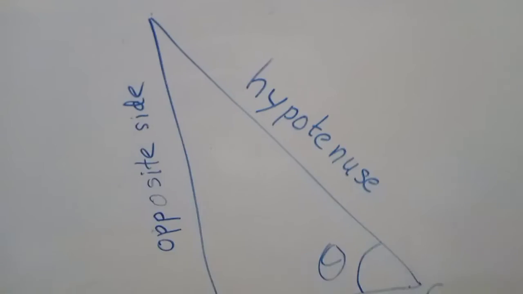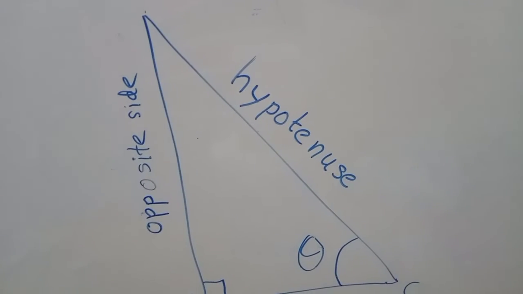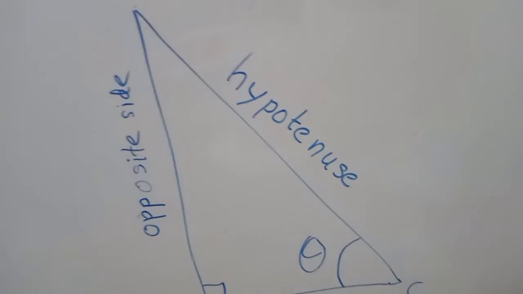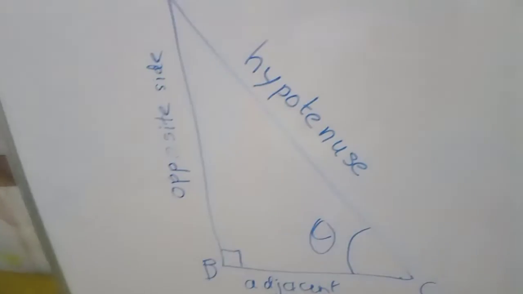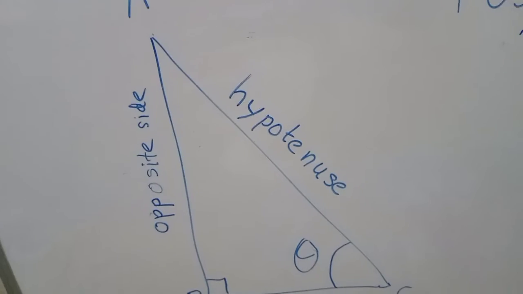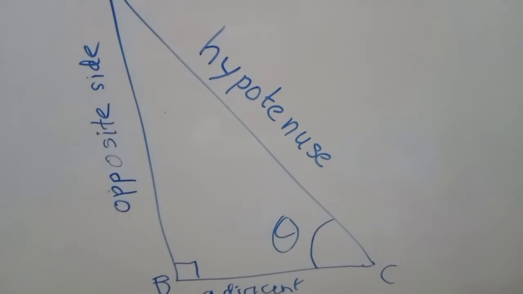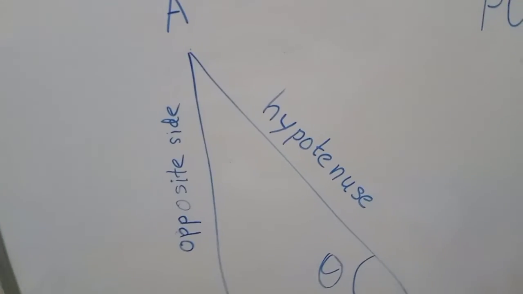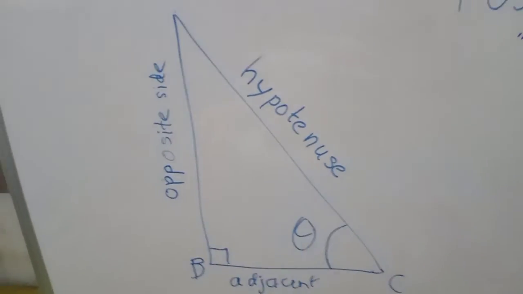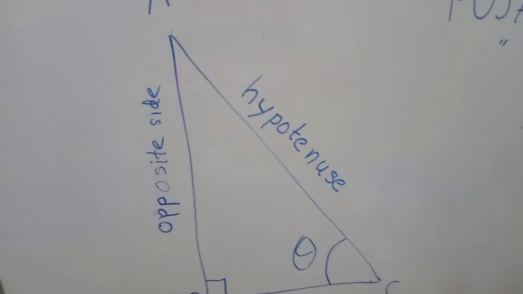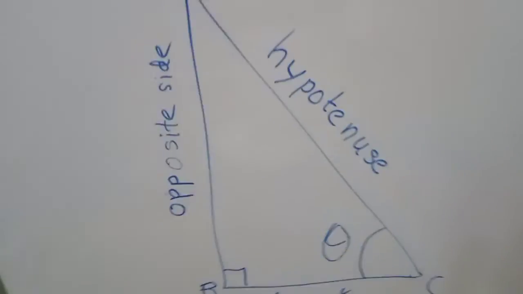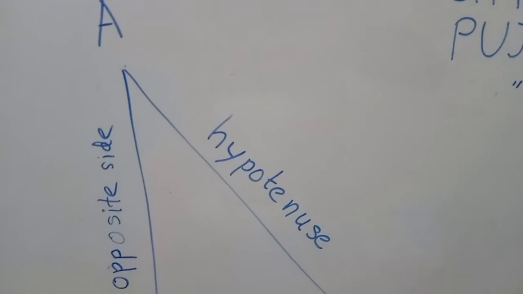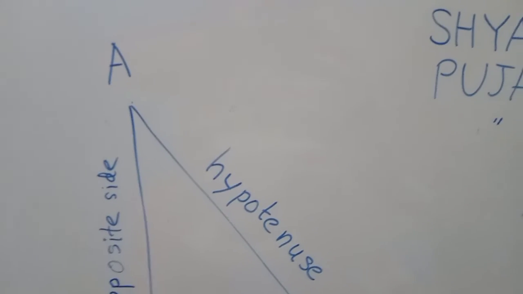We have studied about the hypotenuse in our study of Pythagoras theorem also, where we know that square of the hypotenuse is equal to the sum of the square of the other two sides, the other two sides being opposite side and the adjacent side. So this knowledge will help us in now defining the three beginning ratios of trigonometry. All the knowledge of trigonometry is hinged on the understanding of these ratios.